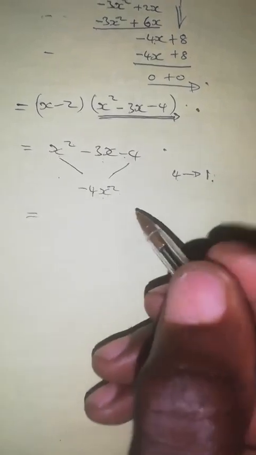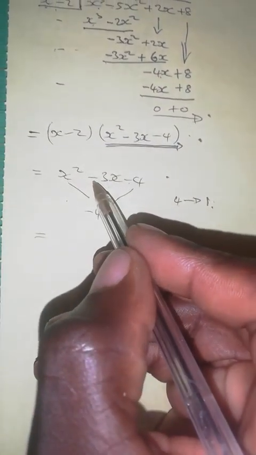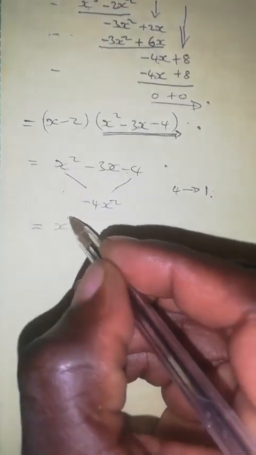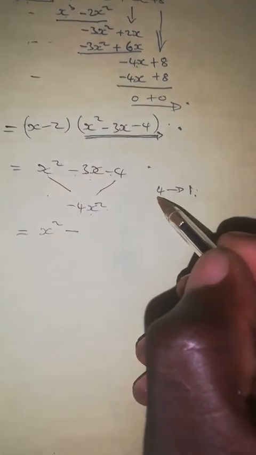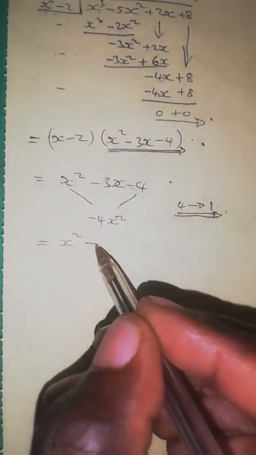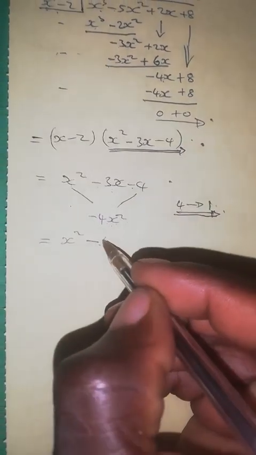Which is equals to, now you write x squared and the middle sign, which means x squared minus. Now the bigger number from these factors of yours should take this middle sign, which means it's minus 4.